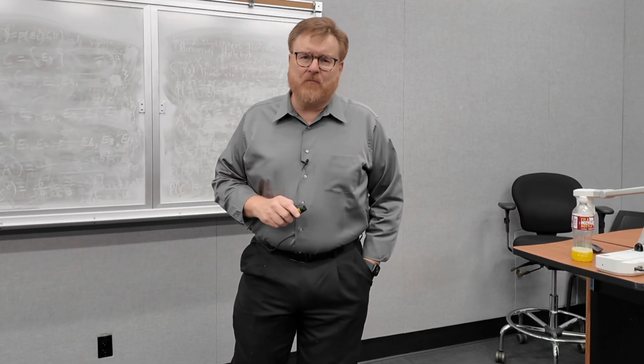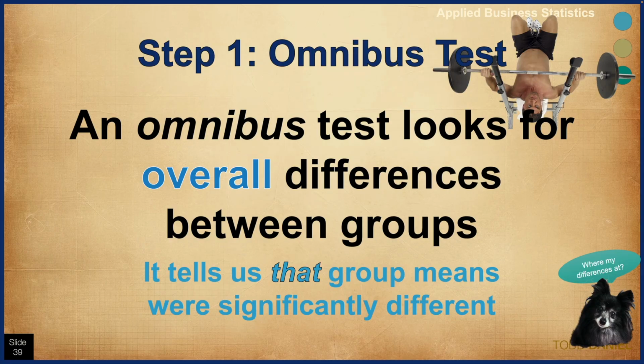The way that we will approach ANOVA is, step one, we will do the F-test, which is called an omnibus test. It's looking at the entire model, all of the variance, total, in between and within, and telling us whether or not there are group differences in this model.